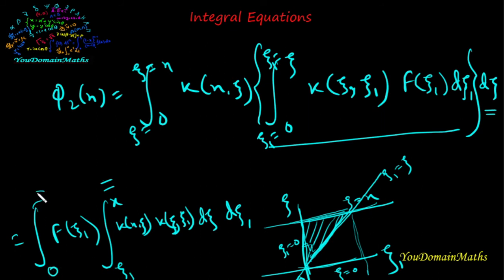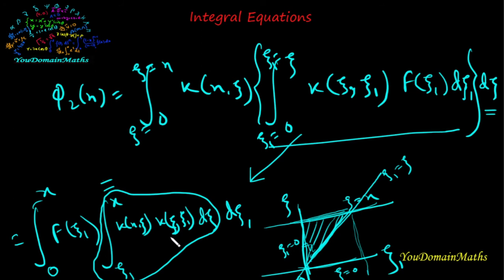So the integrating limit is 0 to x. So this integral can be written in this form using the interchanging of the order of integration. This can be written as the iterated kernel, which means these two are produced from the kernel.